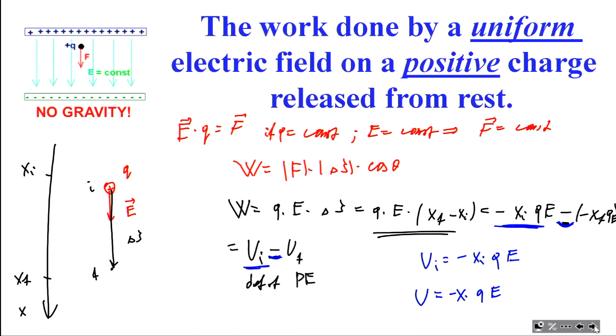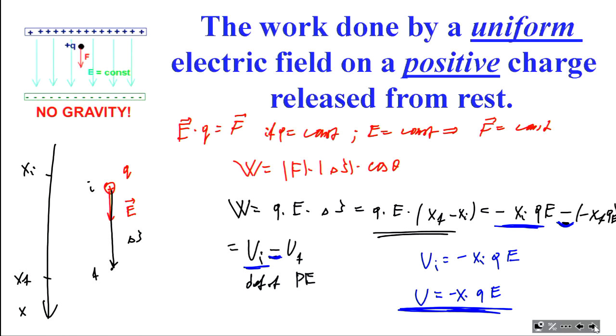But this is just a good illustration of the strategy. And the result tells us something very important. Potential energy over charge is related to the charge and location of that charge. How? Well, in the easiest case of a uniform electric field, this is how.